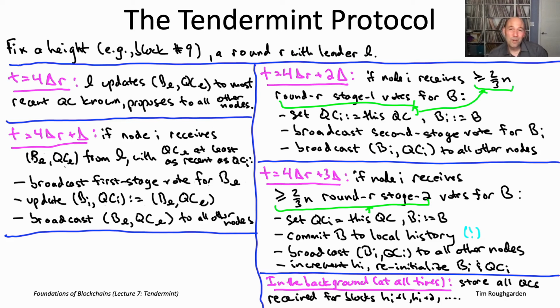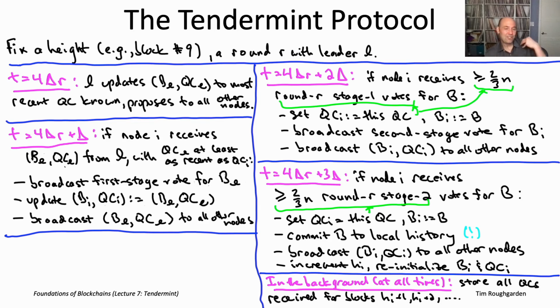But here's what's weird, right? If you're node number 18 and we're moving on to round 118, you're going to be the leader. So you're now the leader responsible for proposing something as block number 10 when you weren't paying attention to block number 10 at all in the first 117 rounds. But fortunately, you kind of have this cheat sheet, right? You weren't really paying attention to block number 10, but if any other nodes had assembled quorum certificates for block number 10 and broadcast them out, you did remember all of those.